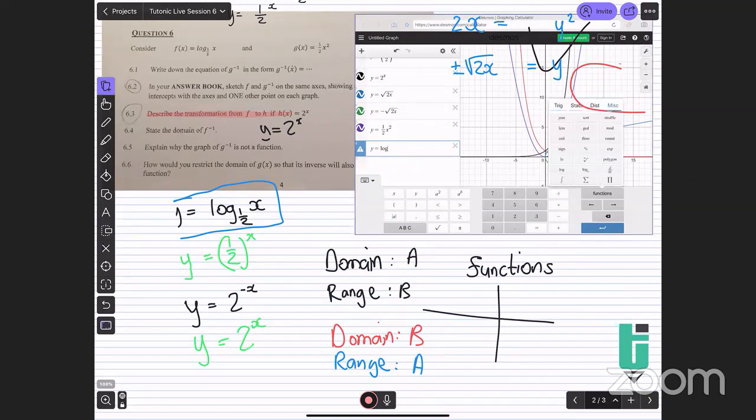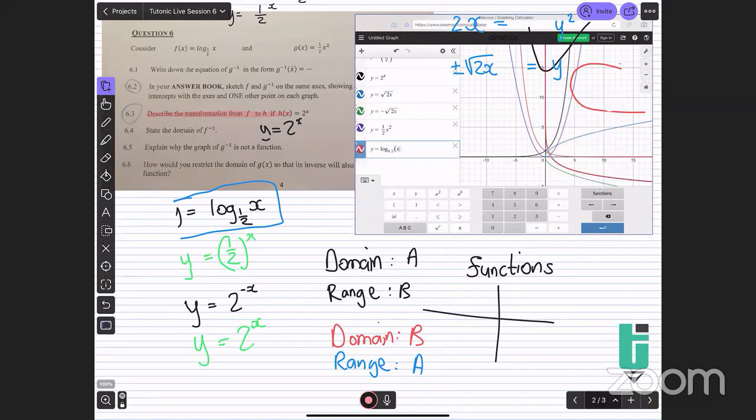How do I find this? Okay. Come on. There we go. X, and it's going to be 0.5 to the power of x.